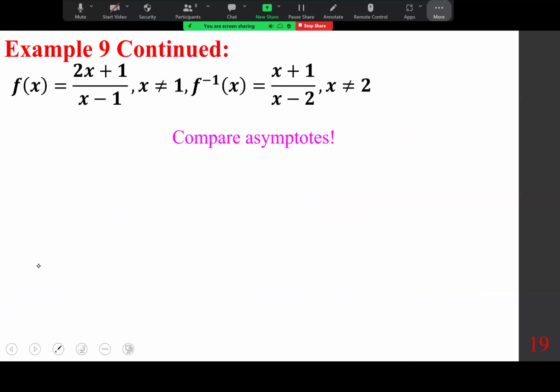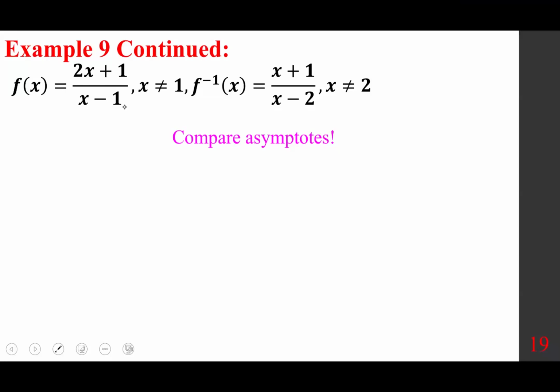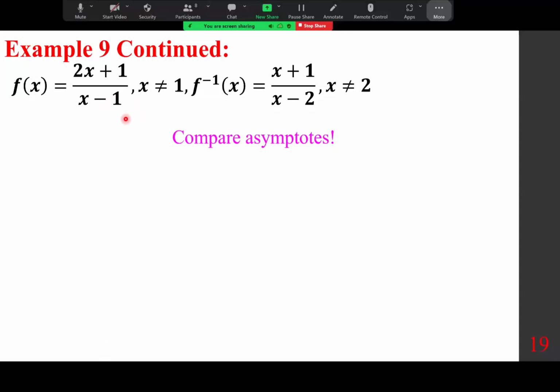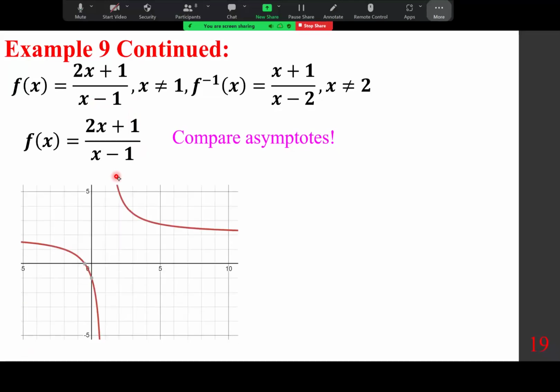As far as graphing, I'm going to assume you know how to graph rational functions by now. And so what we are going to do, I'm going to show you the graph, and I want to compare the asymptotes. Remember, to graph this, you have to have a vertical asymptote, horizontal asymptote, intercepts, you name it. So if you look at this one, the graph looks like this.